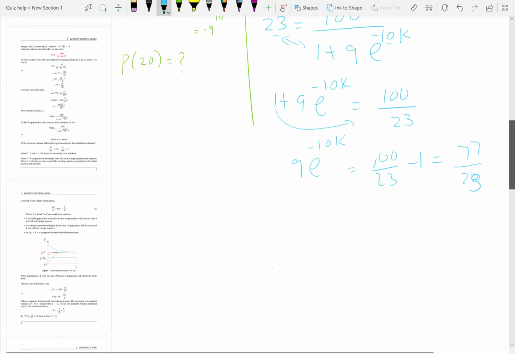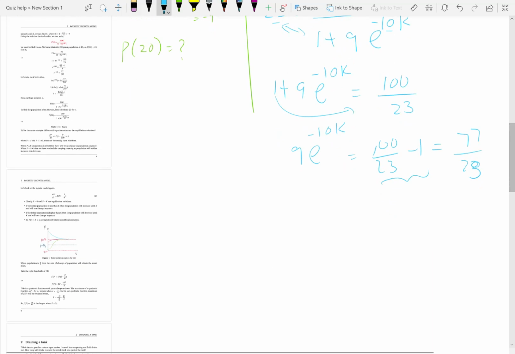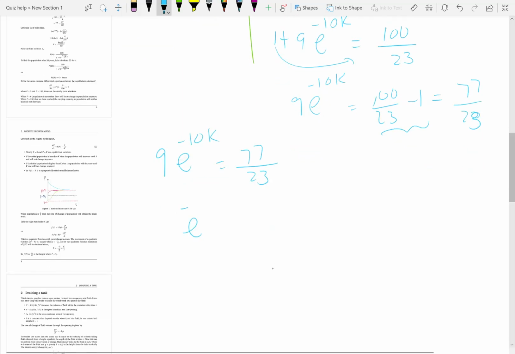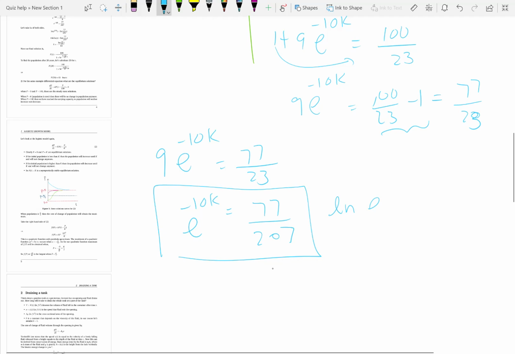Using common denominator 23, we get 9 e to the negative 10k is 77 over 23. So let's divide by 9. So e to the negative 10k is 77 over 207, actually. Now we need to solve for k, so let's take the natural log of both sides.